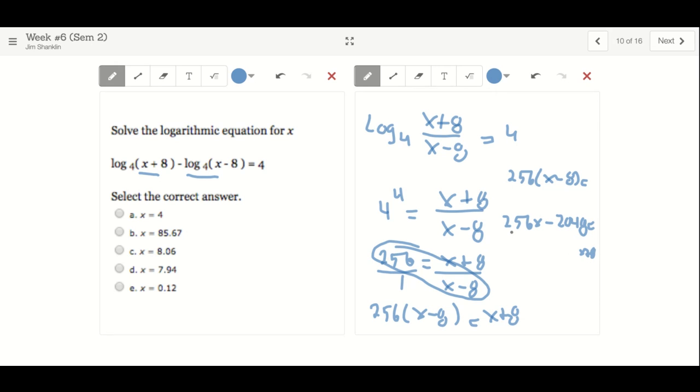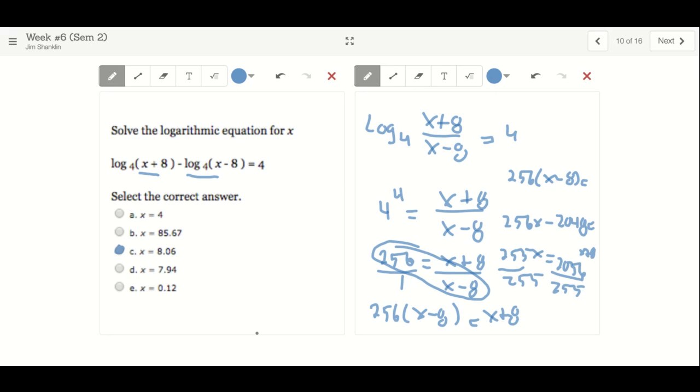So I'm going to subtract 1x from both sides. That gives me 255x, and bring the 248 over here. So 248 plus 8 is equal to 2056, I think. Now it looks like all I have to do is divide through by 255, and I know my work is really messed up here. So 2056 divided by 255, 8.06. Woohoo! When in doubt, pick C.